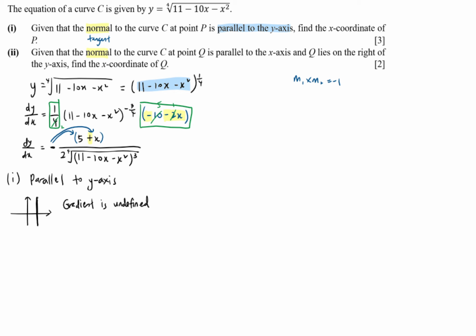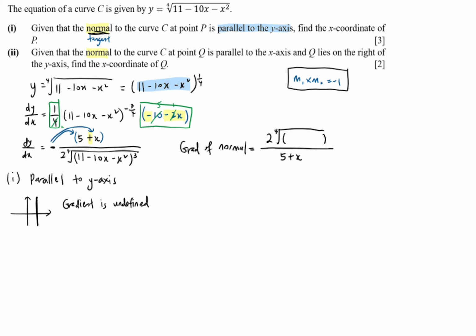Now take note that the question here is talking about the normal of the curve. You know that m1 times m2 equals negative 1. It is a negative reciprocal relationship. So the gradient of the normal would be 2 times the fourth root of (11 minus 10x minus x squared) to the power of 3 as the numerator, and 5 plus x in the denominator.